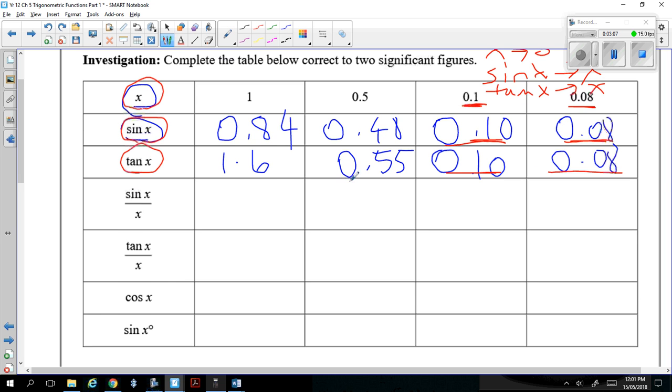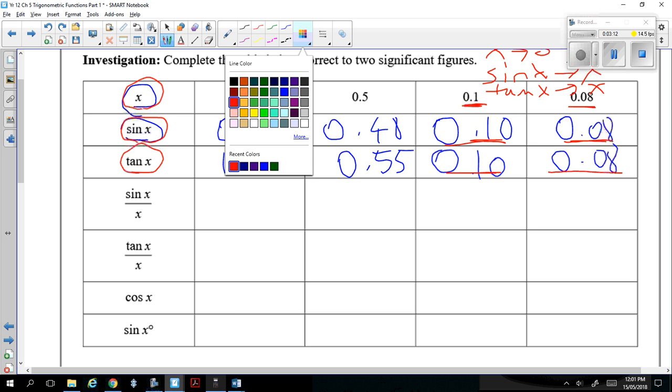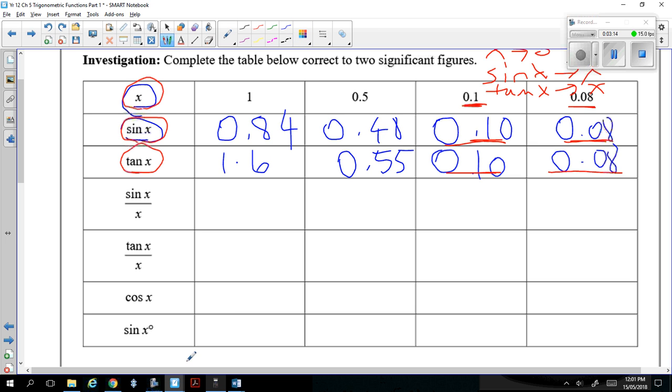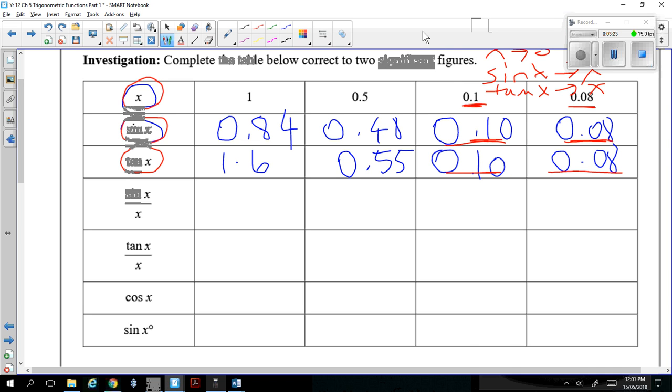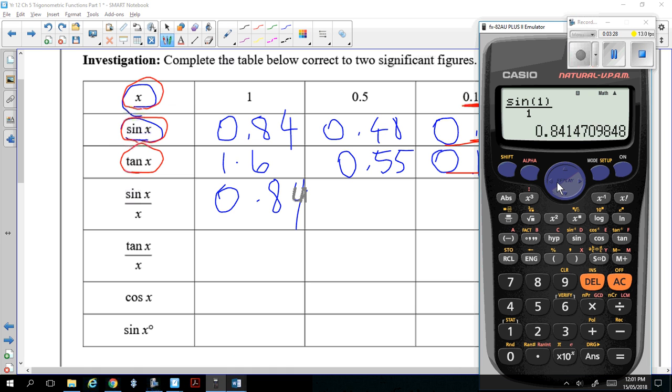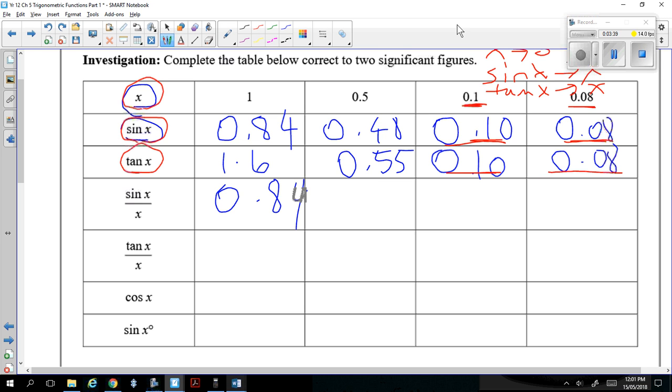Okay, let's see what happens when we do sine x over x as well. So we'll do sine 1 over 1. We get 0.84. And then 0.5, we get 0.96.